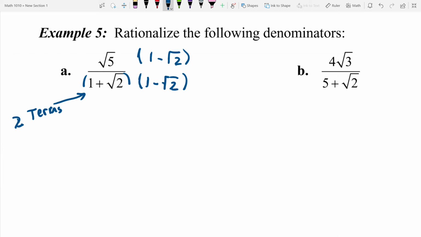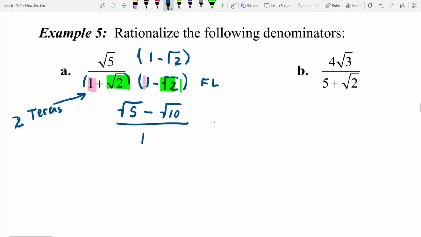On the top, one word that tells us how to do it, you distribute. So the square root of 5 times 1 is the square root of 5, minus the square root of 2, the square root of 5 times a negative square root of 2, that's a negative square root of 5 times 2 is 10. The bottom are conjugates, guys, so all I have to do is F and L. So all I do is 1 times 1 is 1, and then I go square root of 2 times a negative square root of 2.